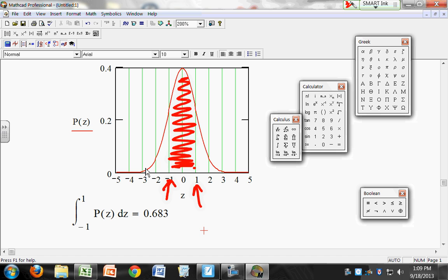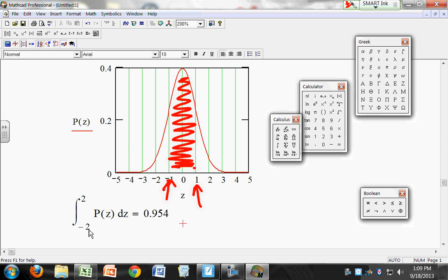And that should be the area you got when you did a previous exercise on Excel, where you integrated your normalized Gaussian function. What if I want to go from -2 to +2? 95.4. Okay, and in fact, you did get that when you did the integration before in Excel, right?